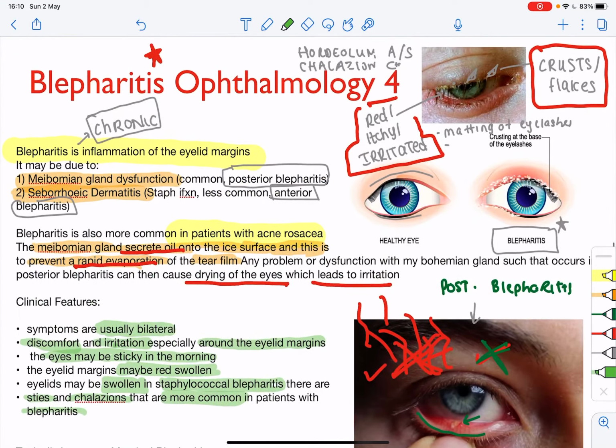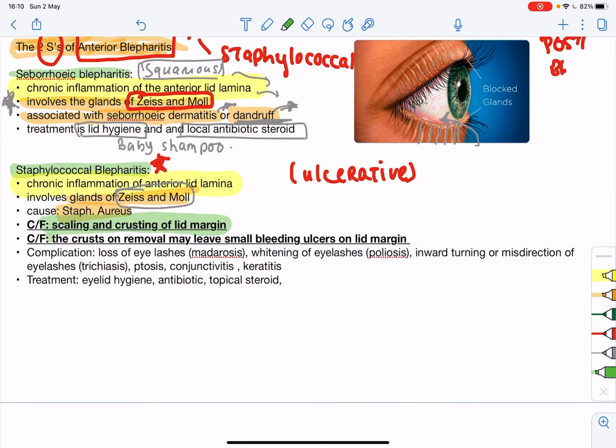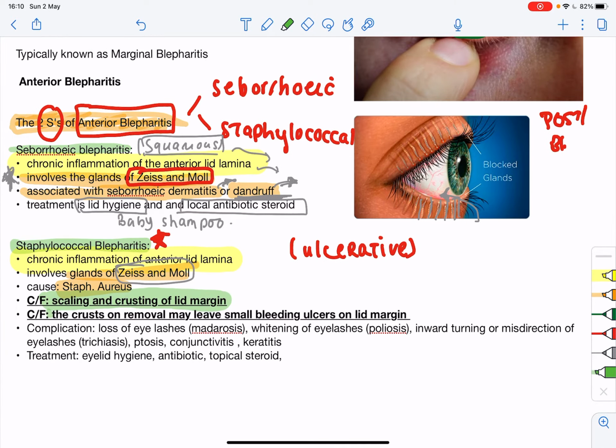Remember, I showed you this picture? Here, there's scaling and crusting in this region, especially in the staphylococcal one. The crusts on removal may leave small bleeding ulcers. So that's what I was talking about.